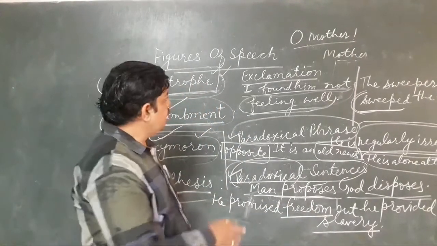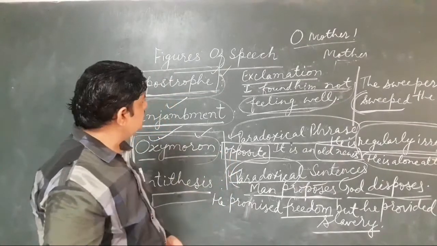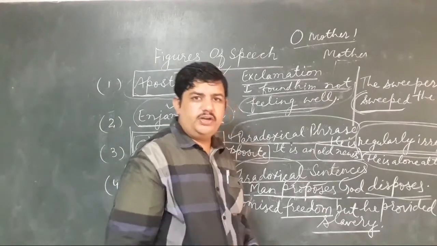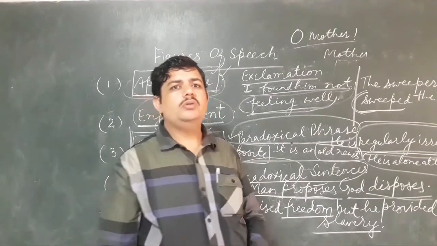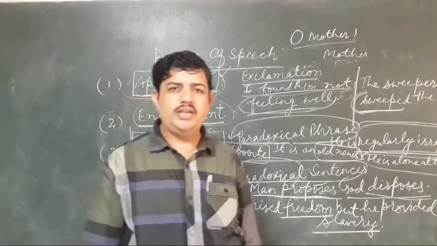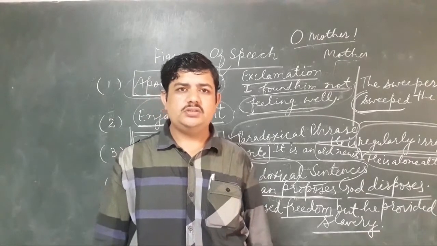Clear? So I think you understood these four figures of speech well. In the next video I'll be telling you some other important figures of speech. Till then, keep watching and enrich your knowledge. Thank you very much.